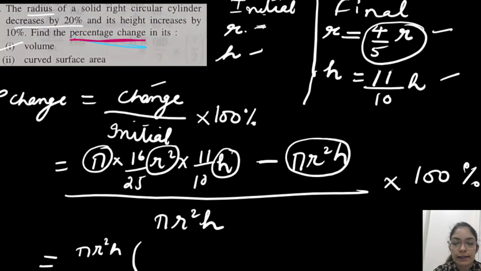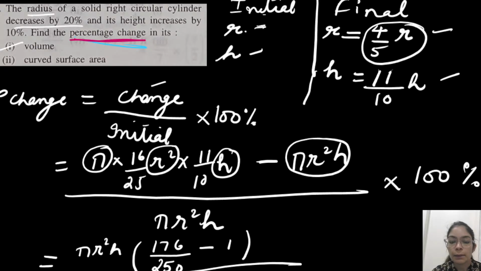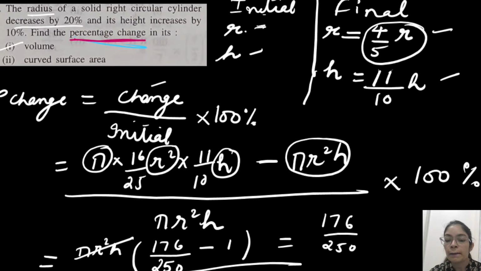Remaining things I'll write here: 16 into 11, that is 176 by 250, 25 into 10, and here nothing is there, that means 1 I should write. And in denominator again pi r square h is there. This pi r square h and this pi r square h will get cancelled. So we are left with 176 by 250 minus 1. 1 also we will take LCM.